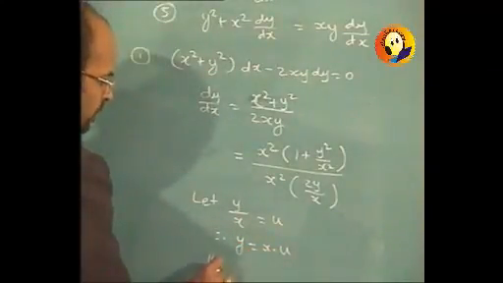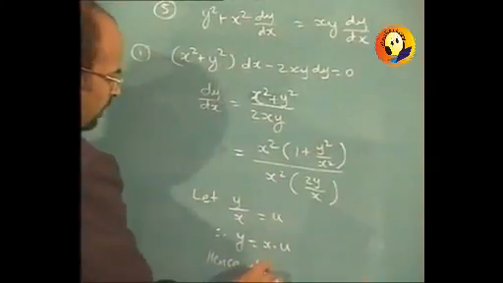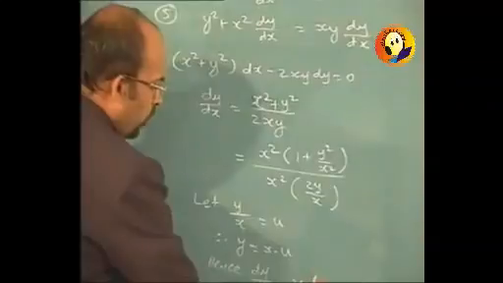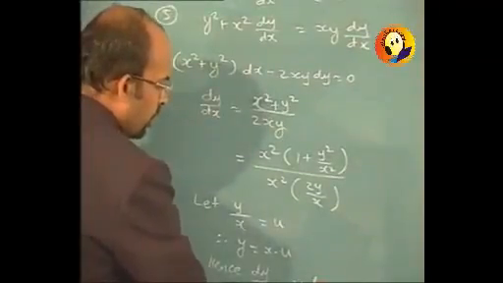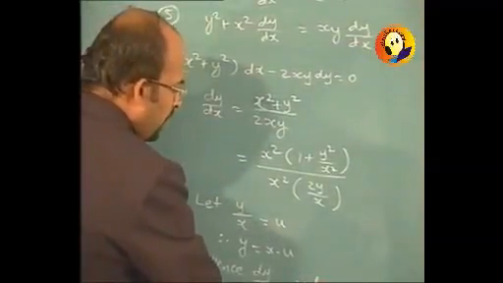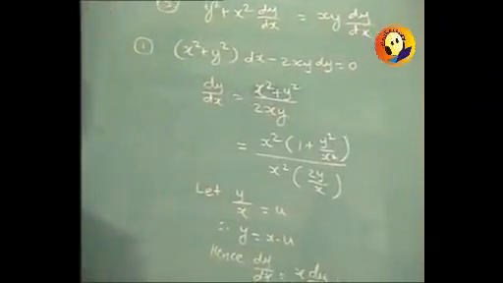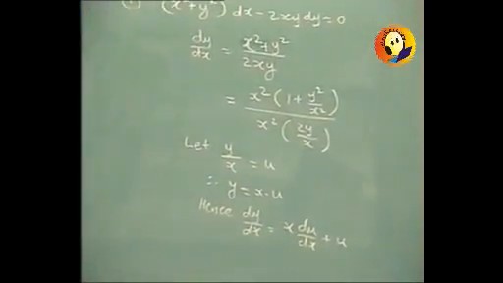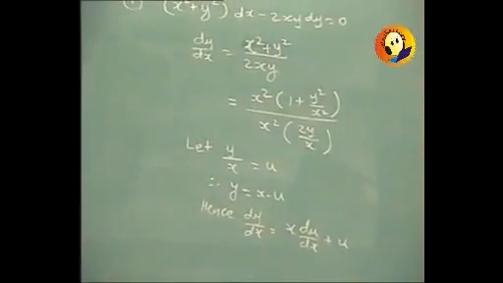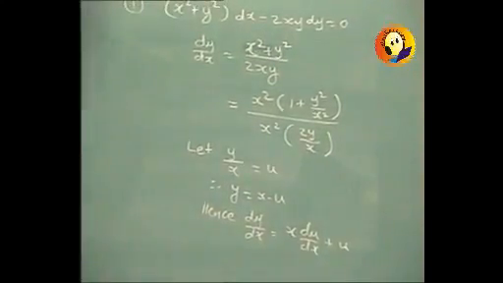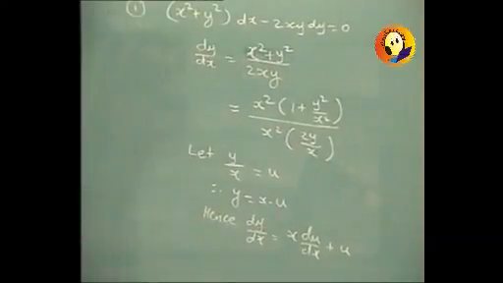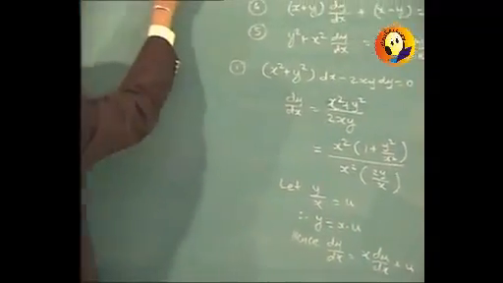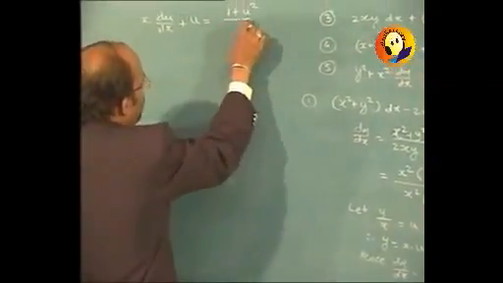Hence dy by dx will be x into du by dx plus 1 into u. Substituting, we will get x du by dx plus u, cancelling x square from numerator and denominator, it will be 1 plus u square upon 2u.